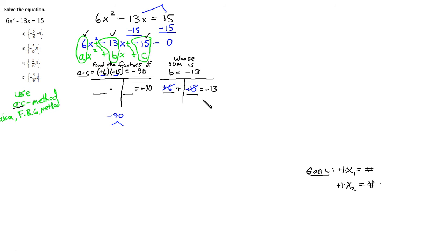So let's go back to the drawing board and see what other numbers we could use. Like, I don't know, 9 and 10. But one's got to be positive, one's got to be negative. When we try these, positive 9 and negative 10, they also are not correct because they add up to a negative 1. They're not getting us the negative 13 that we need.